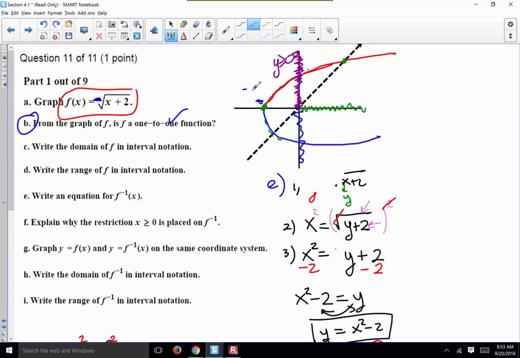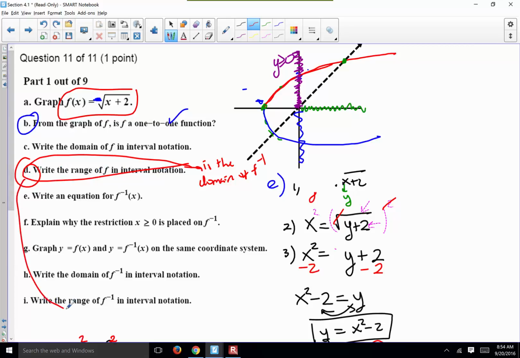Or we have found the range of F, right? Range of F is the domain of F inverse, because range and domain flip when you take the inverse. So you could cheat from part D. Whatever you put for the range of F is going to be the domain of F inverse.